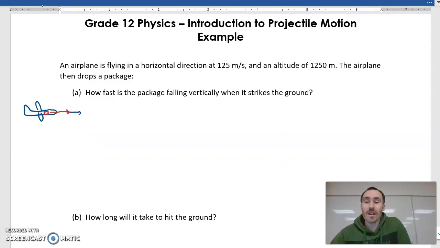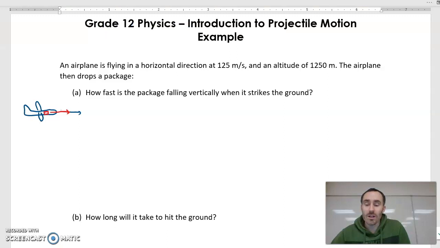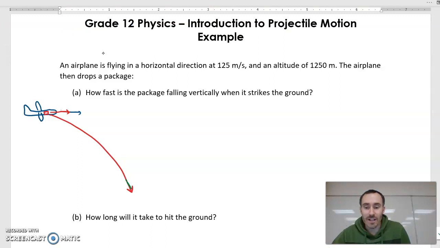I should have drawn it ending slightly horizontally still. And so it would look more like this. Okay, and notice that it's not actually falling vertically to the ground at the end. It's falling like this, kind of at a diagonal. That's because it is still traveling 125 meters per second sideways, as well as whatever it's traveling downward.